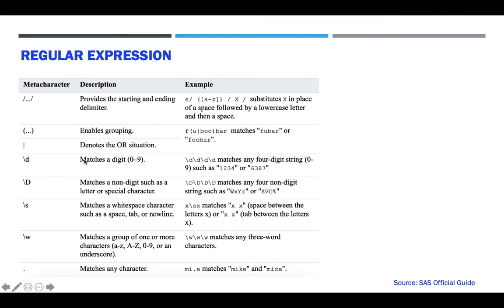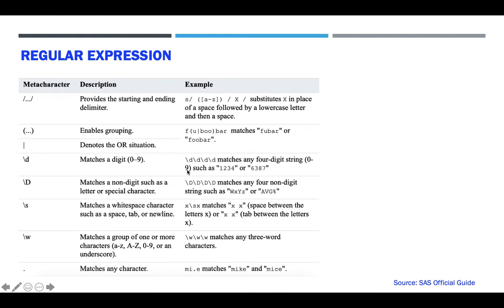For example, this one with a bracket finds F, starting with F, and then this pipe means or, so you can find either U or BOO. With this pattern, you can find foo or bar, so this helps you identify a certain kind of pattern.